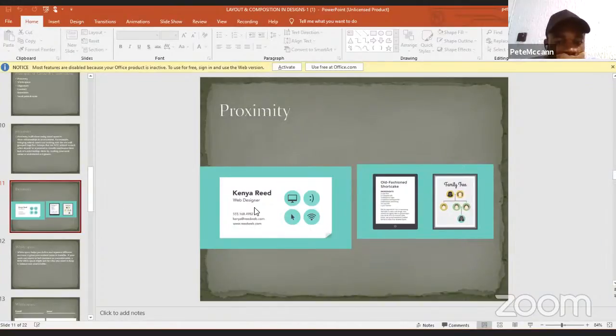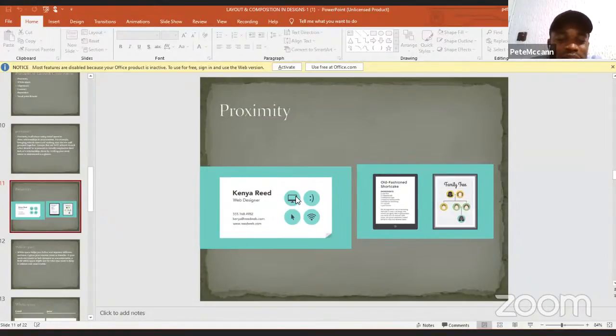This image, what is it speaking about? The proximity in this image, what is it speaking about? I'm just talking about how it was outlined.